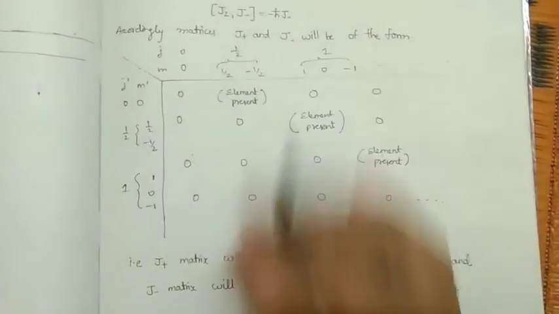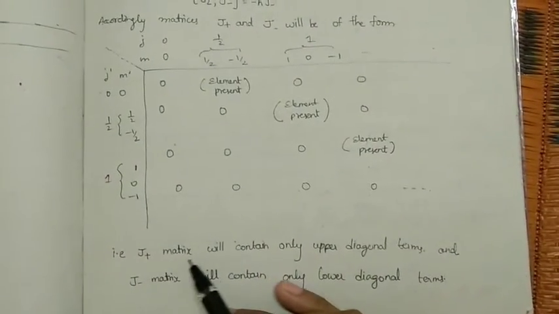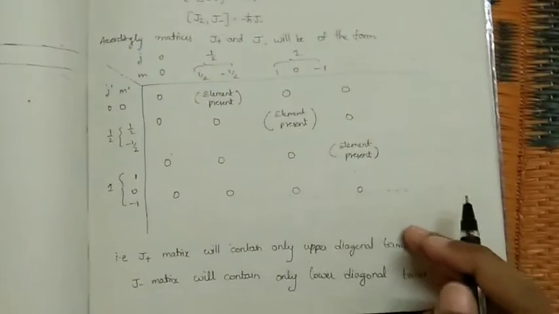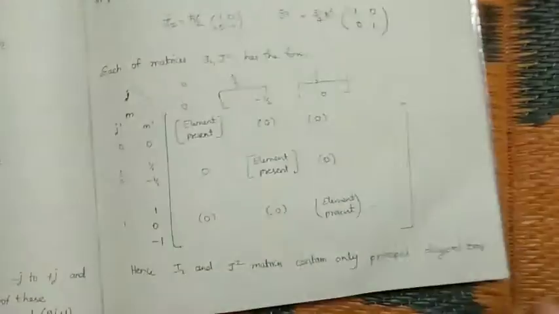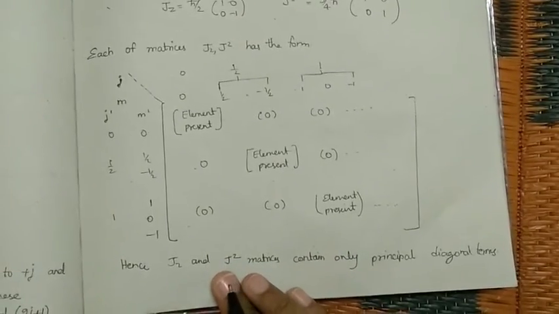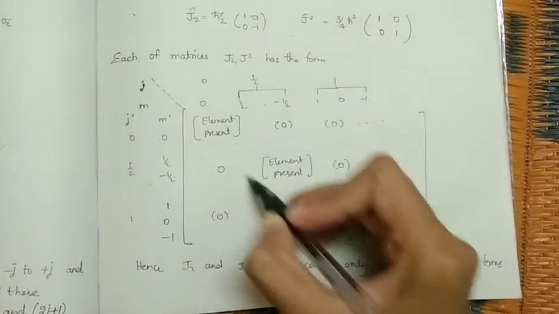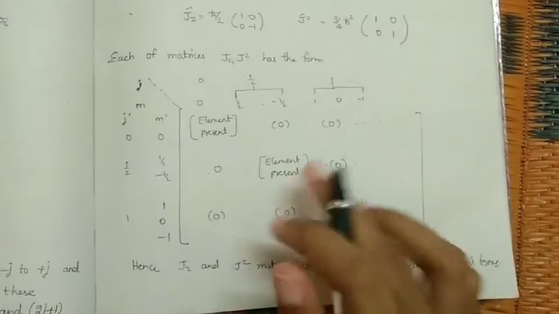So this is the matrix form for the J plus matrix. J plus matrix will contain only upper diagonal terms. If we see the J square and Jz matrices in that form, only principal diagonal elements are present and all the remaining elements are 0.